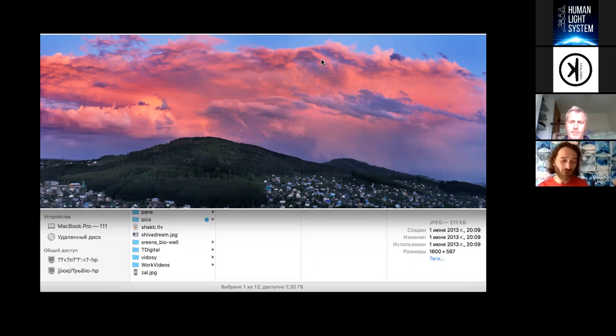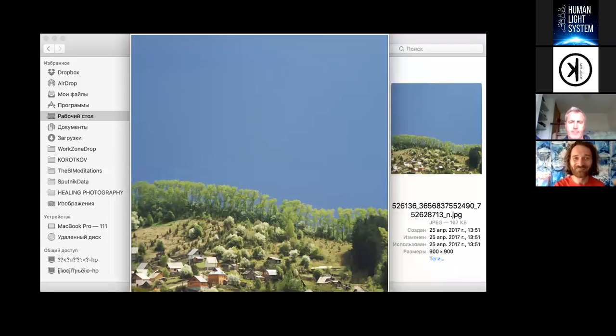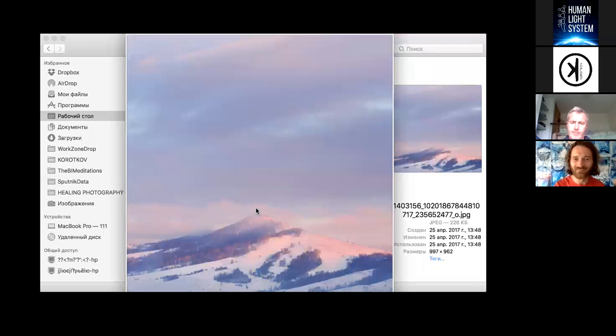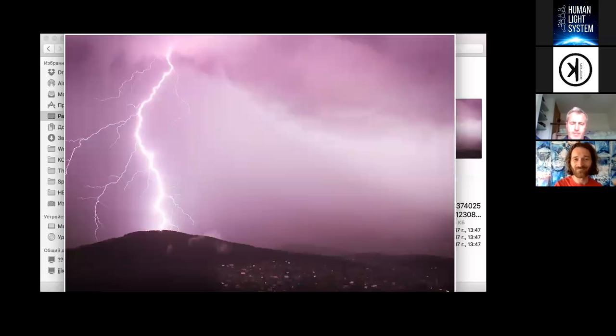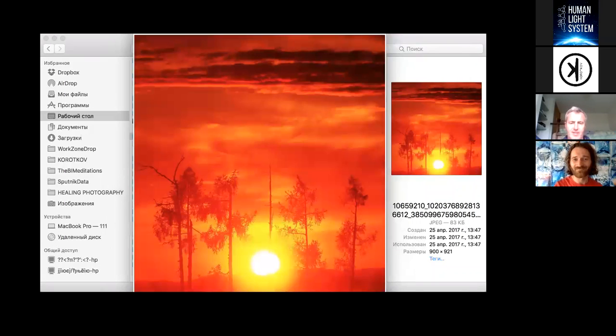And now I will show you a series of photos taken from the same window at different times. Look at this. It's just from the same window. It's very, very different pictures, isn't it?